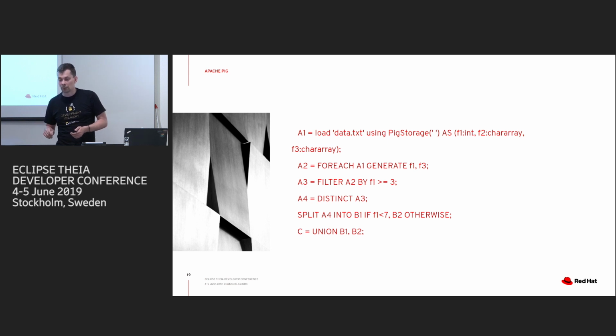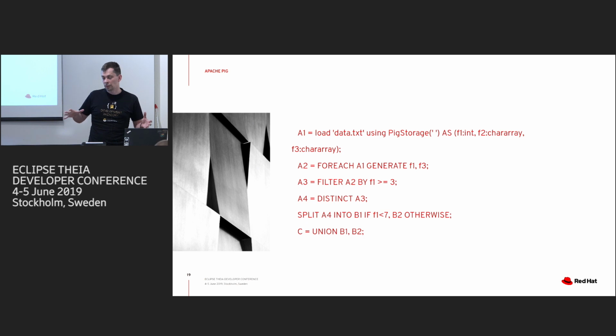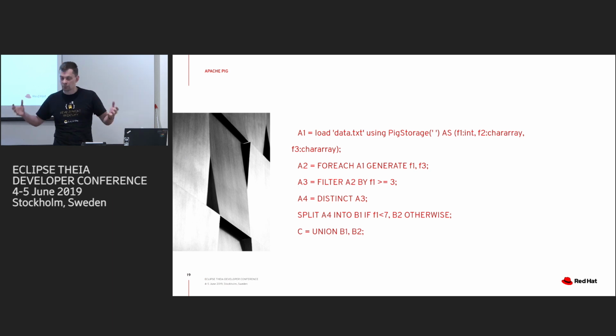The next row, number 3, filters the data set. Row number 4 keeps distinct values. The next row splits the data set into two others. And the last row does the opposite operation, combining two data sets into one.